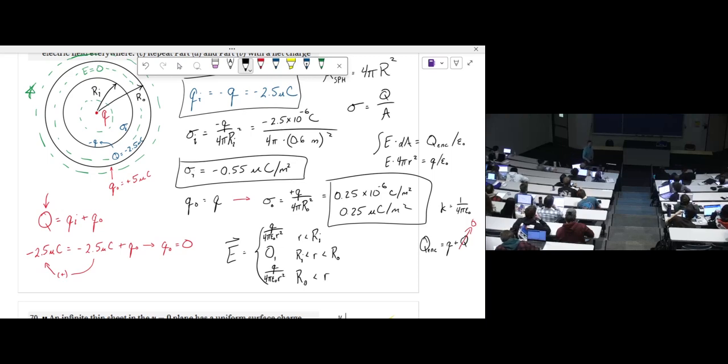The form of the electric field in both regions is the exact same because there is 0 net charge on the shell. The only thing that changes is I'm dividing by a bigger radius. So the electric field drops off as 1 over r squared.